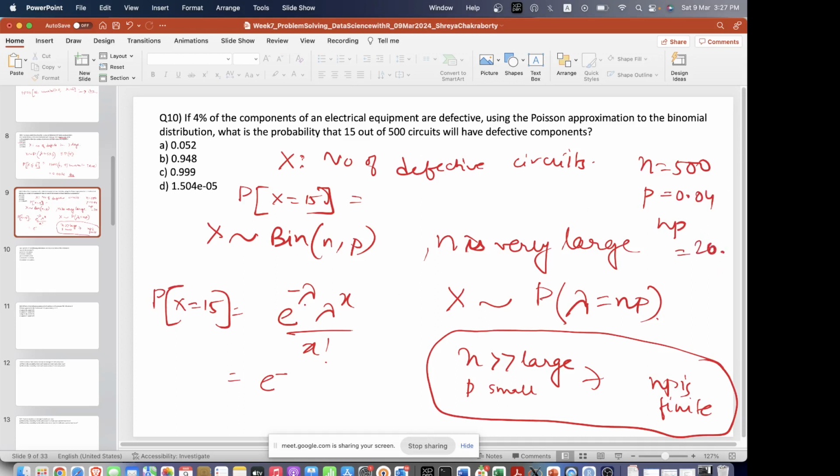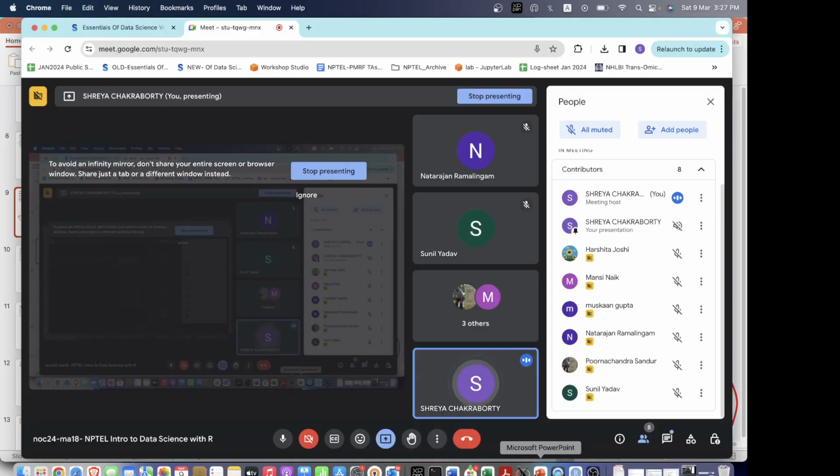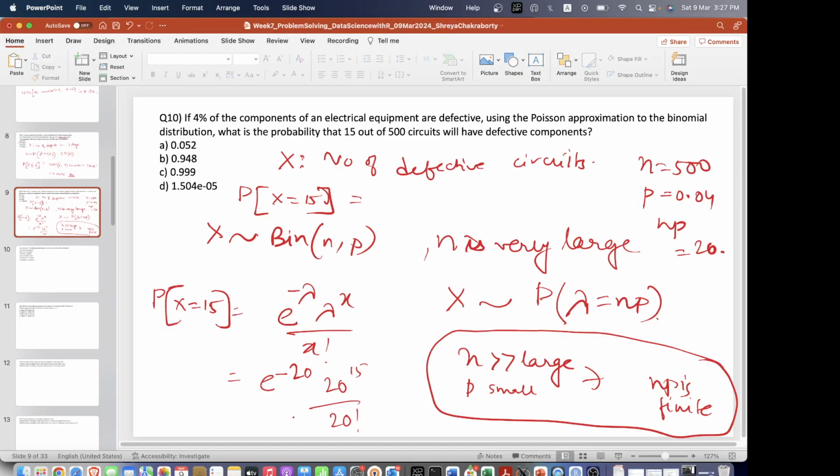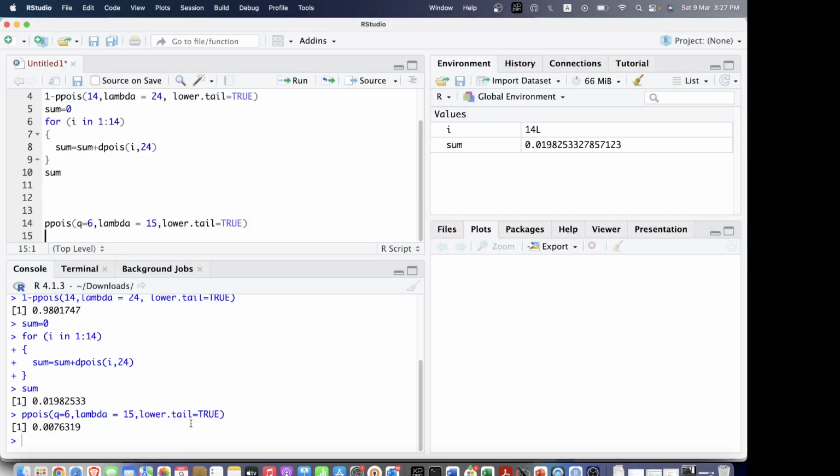So this will be e to the power minus 20, 20 to the power 15 by 20 factorial. You could either calculate this, or you could just do it in R. If you have to do it in R, then you have to use dpois: dpois 15, 20, and that would give you the result. So we are going to do that.